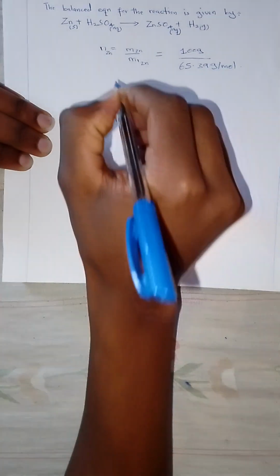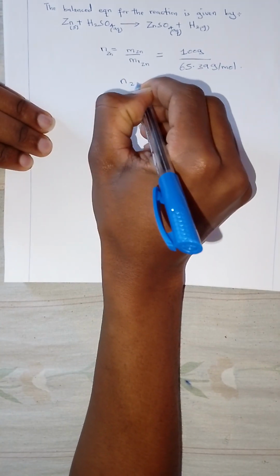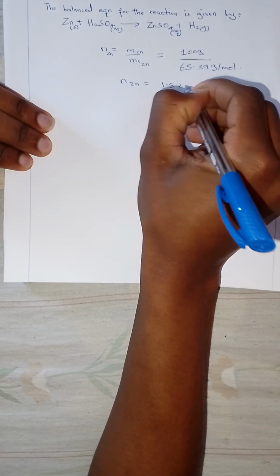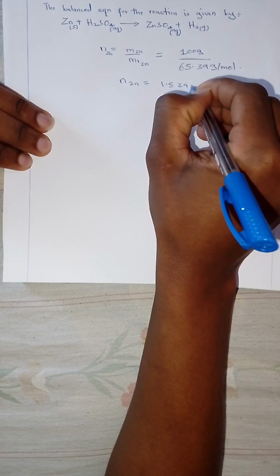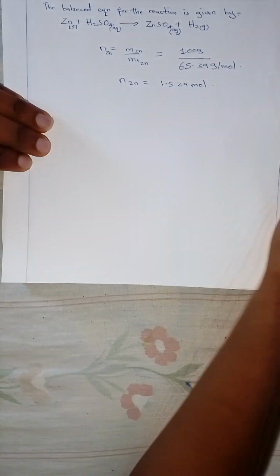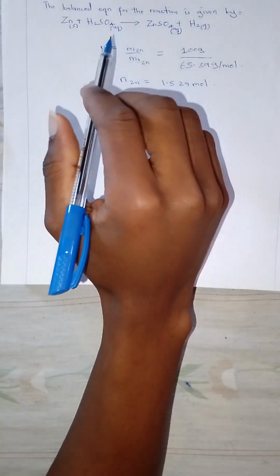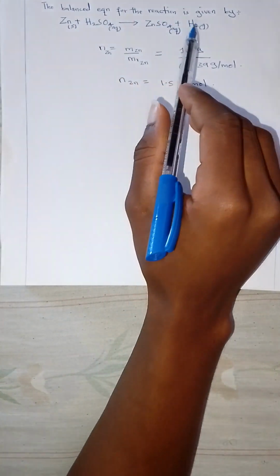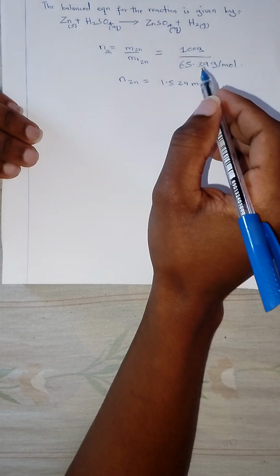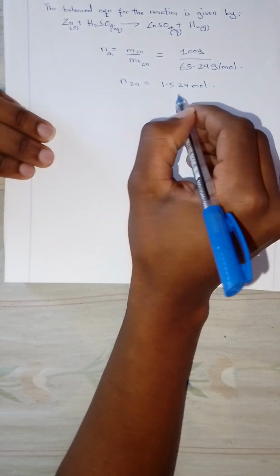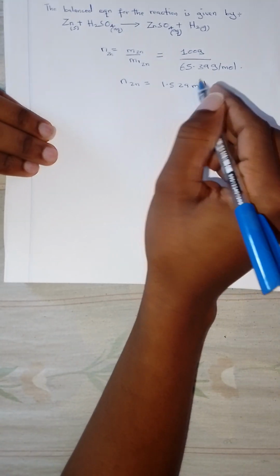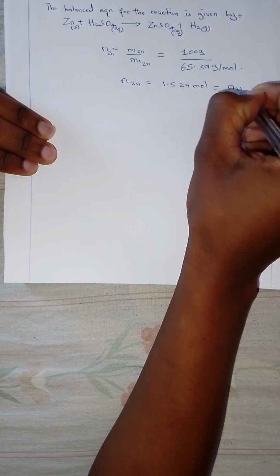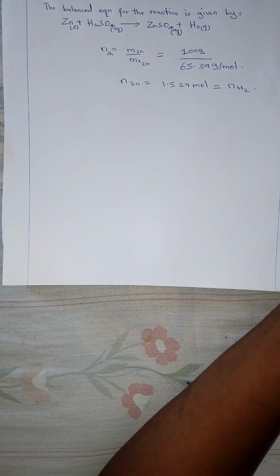Here we get the number of moles of zinc, which is equal to 1.529 mole. But in our equation, the mole ratio of zinc and hydrogen is 1:1. Therefore, the number of moles of zinc, 1.529, is equal to the number of moles of hydrogen gas.